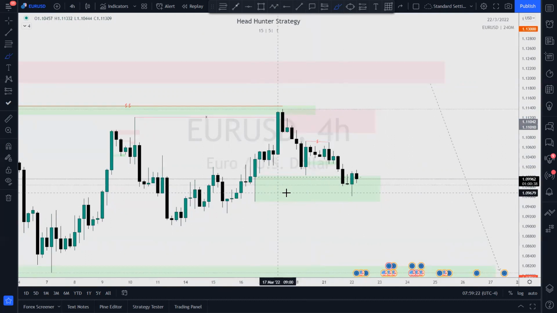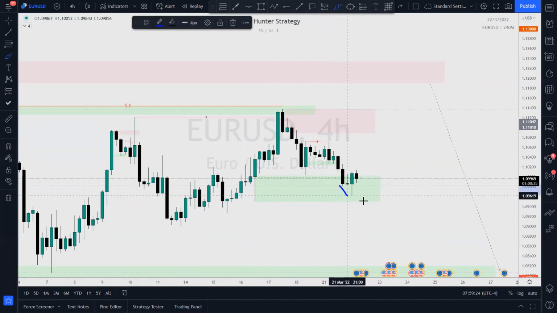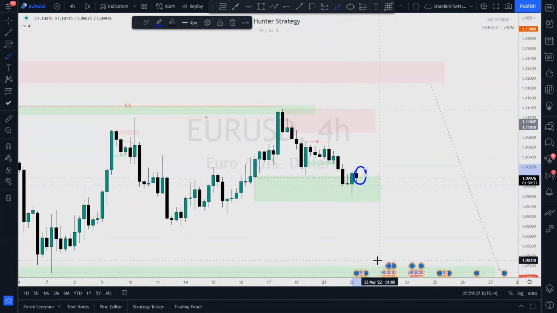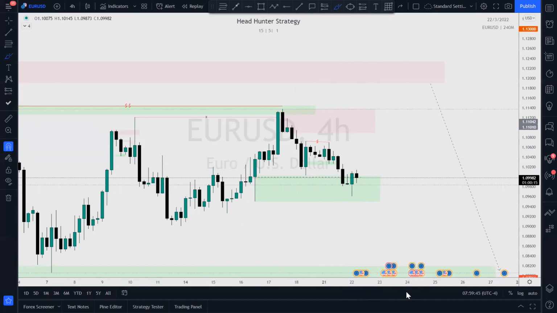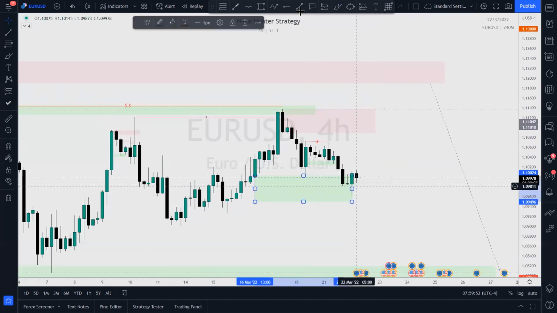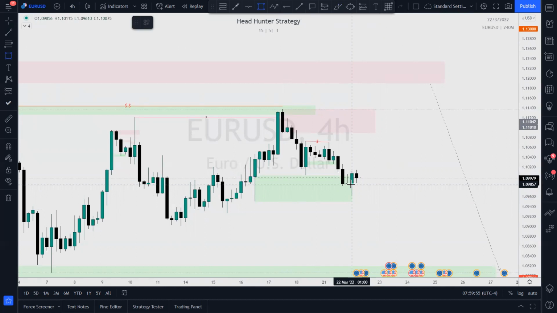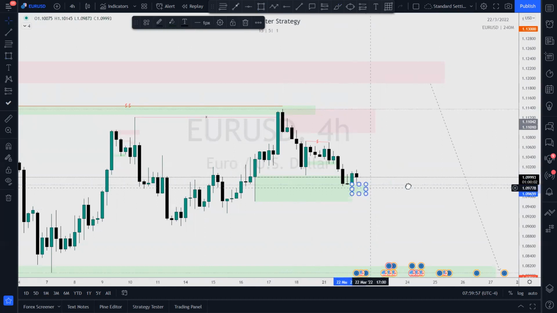So what I want to see is a rejection like this, right? You see the wick left behind. And this candle's trading range has not come into this wick area. This is probably going to be new demand forming a chain of demand, and that's what you want to see.